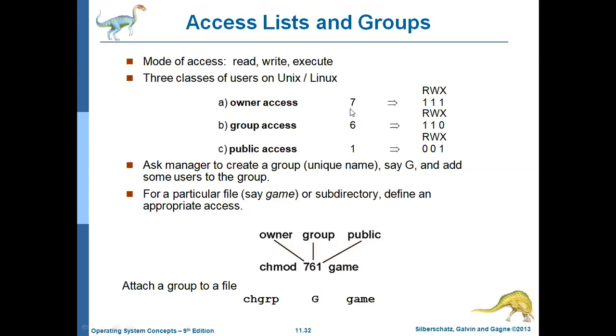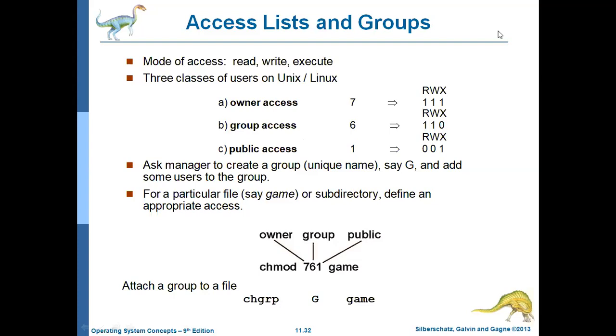If I want to write it as a 3-bit integer, 7 goes as 111, 6 is 110, and for public or others it is 001. Wherever you find 111, it means read, write, execute accordingly.